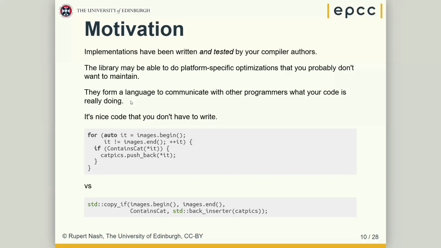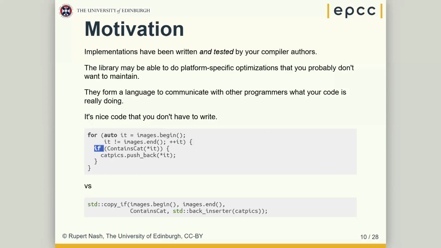These also form a nice language to communicate with other programmers what the code is really doing. Basically, in this example here, if I want to have some form of copy, I could have an iterator from the beginning to the end, start at some location, iterate until it's the end, and increment it.